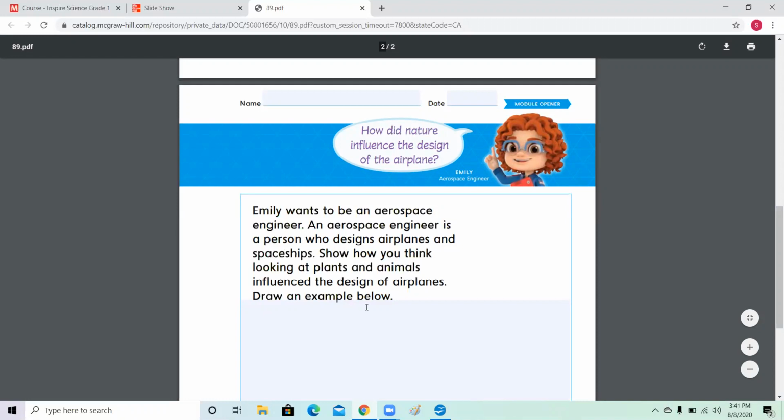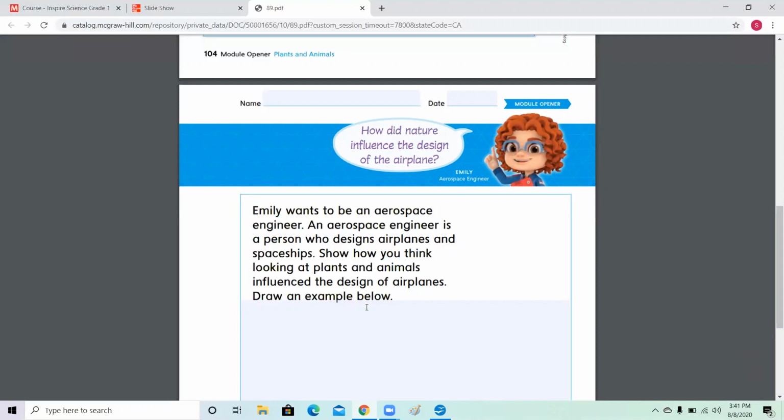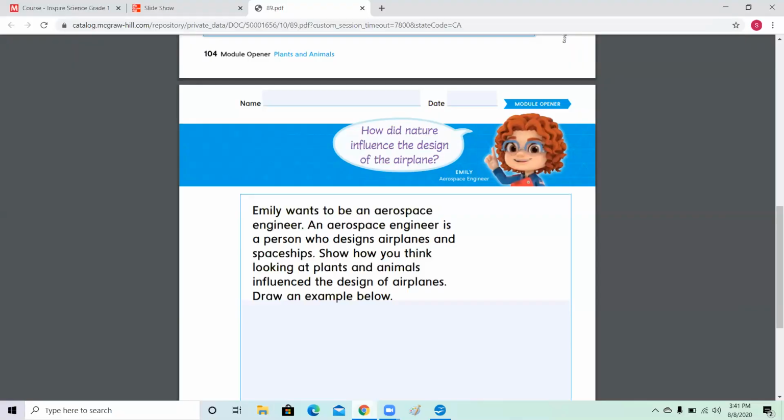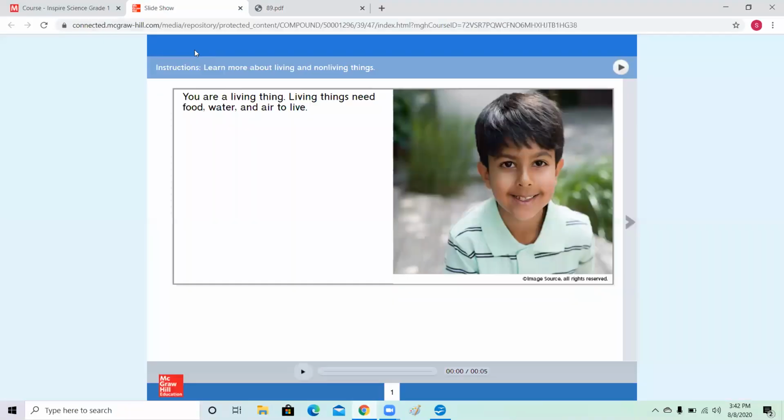Over here in this box, you need to draw something that you think gave an idea from nature to design the airplane. Okay? Does this help you? Yes, I know it does. Awesome. All right, let's see that slideshow.